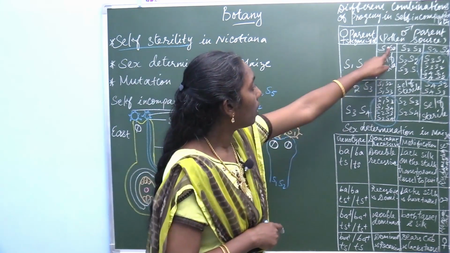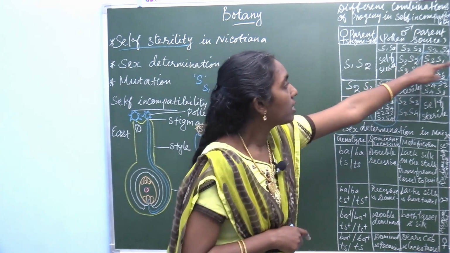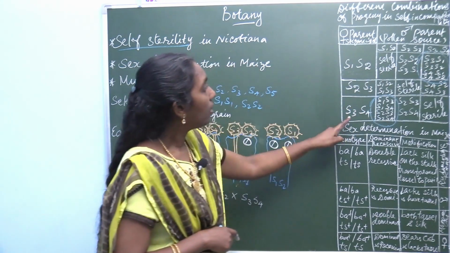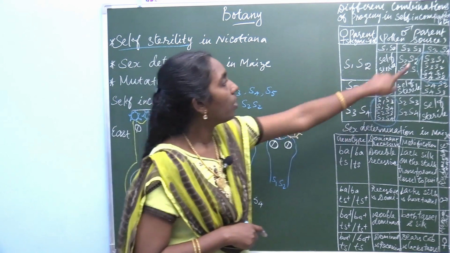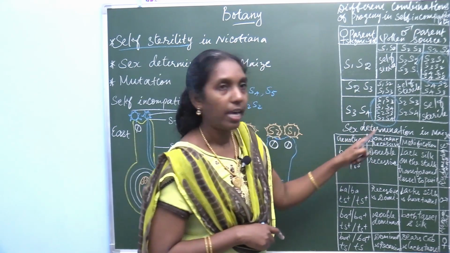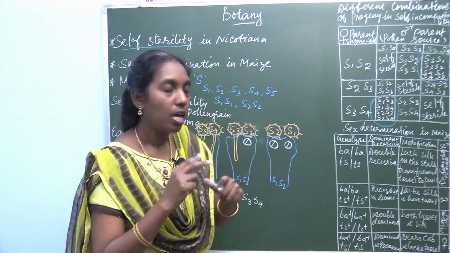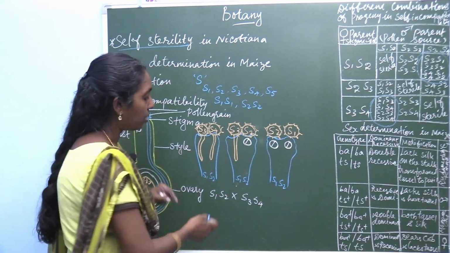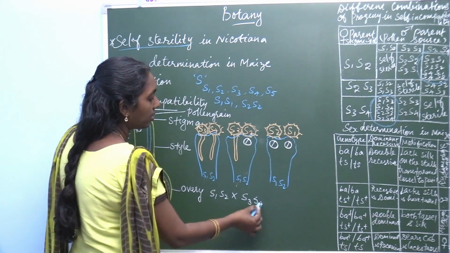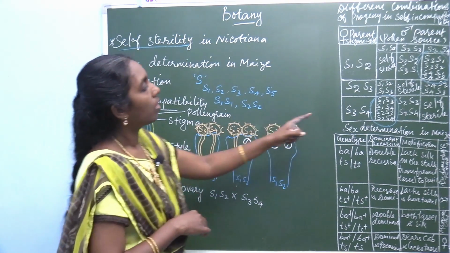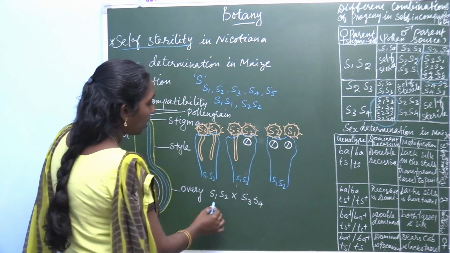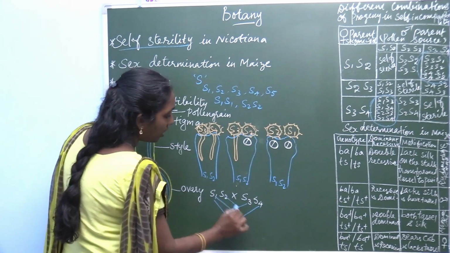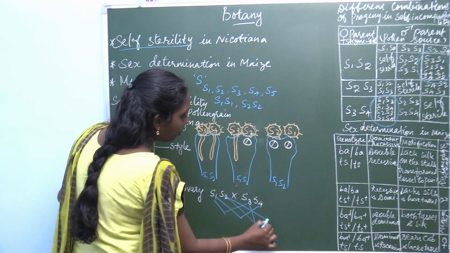Here the female is S1, S2 and the male is S3, S4. Here the female is S3, S4 and the male is S1, S2. So in both cases it is a cross between heterozygous conditions, S1, S2 and S3, S4. What are the possible combinations? S1, S3, S1, S4, S2, S3, S2, S4.